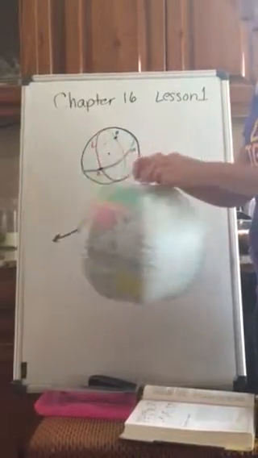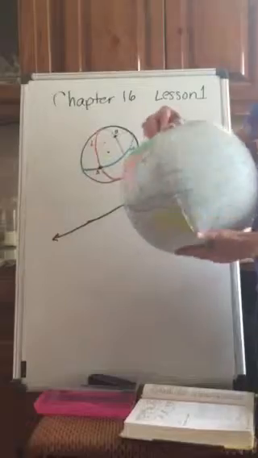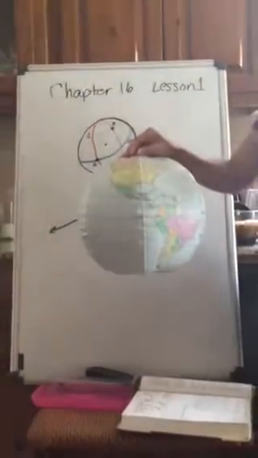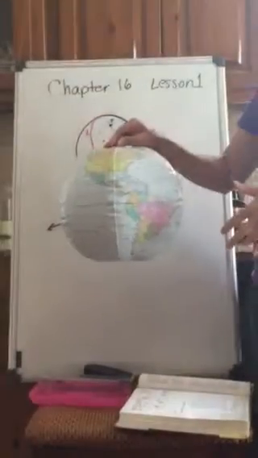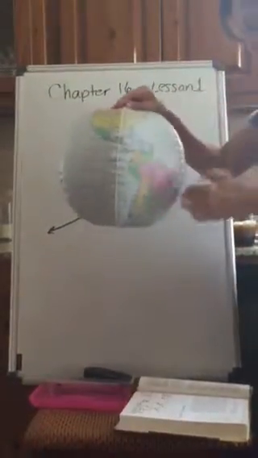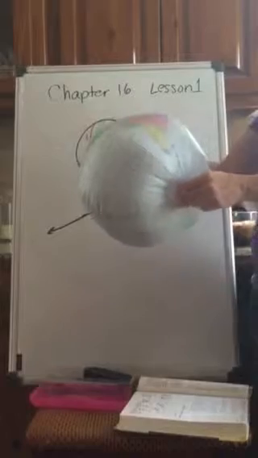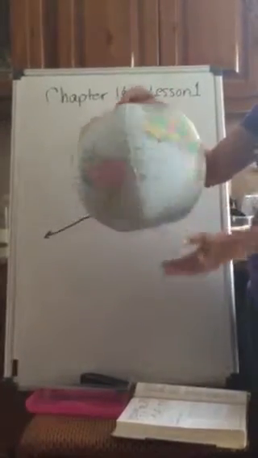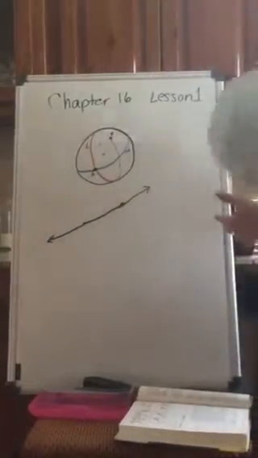Some other lines on our globe that we know are great circles are meridians. The meridians go from the North to the South Pole and would divide our Earth in half as well.